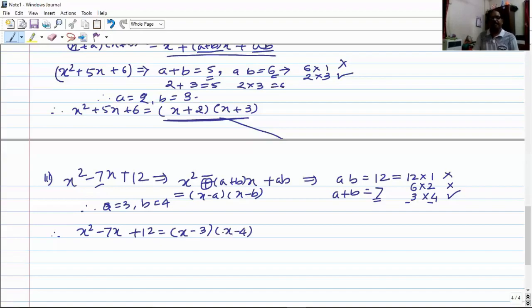So it's a very important concept, students, right? So in this way we can have the factors of such algebraic expressions which cannot be factorized using the known two identities of (a plus b) and (a minus b) the whole squares. Okay, so now we have one more case.